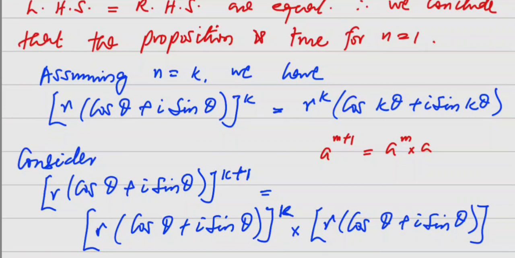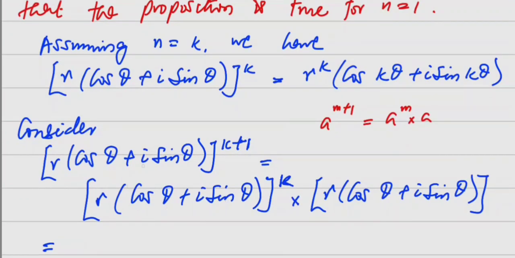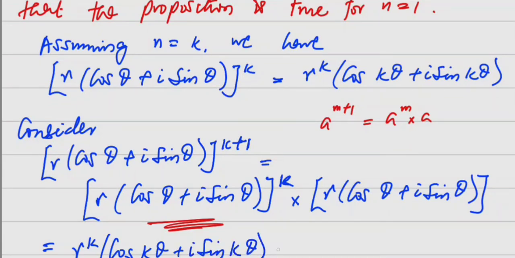This part here is the same thing as this. So this part will be equal to r raised to power k into (cos k theta plus i sin k theta), then multiplied by r into (cos theta plus i sin theta).